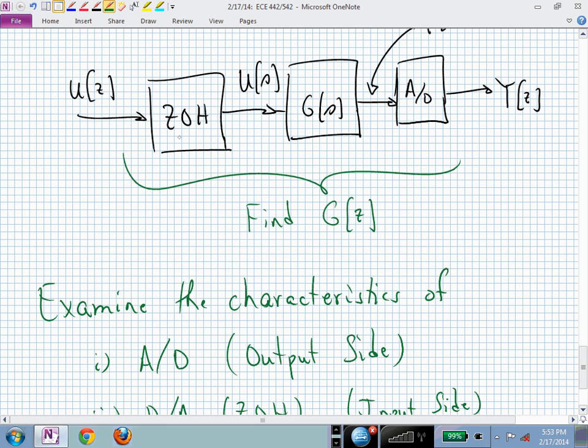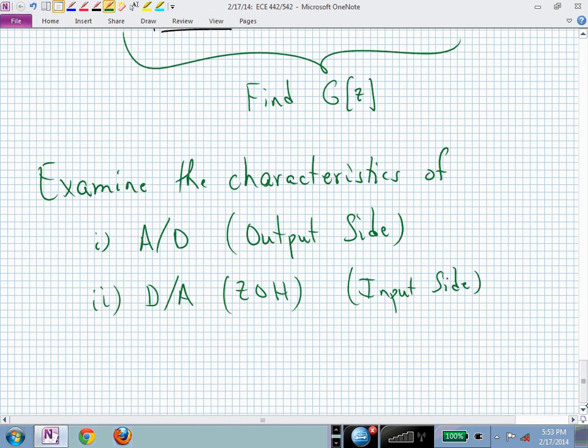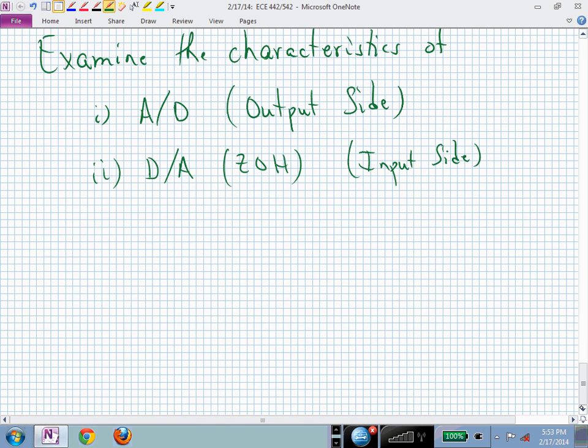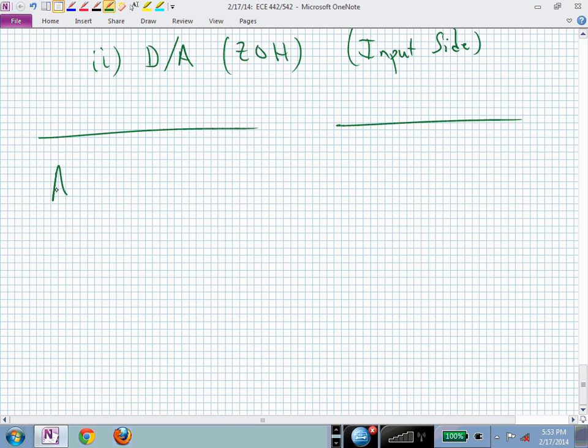This is our D to A conversion process by means of a zero-order hold. Let's now look at the first one, the A to D characteristics, the analog to digital behavior.